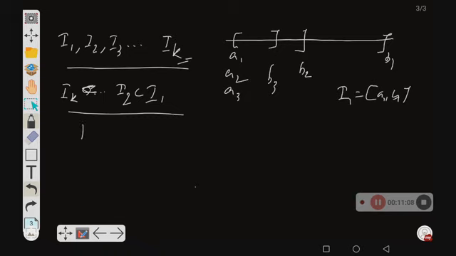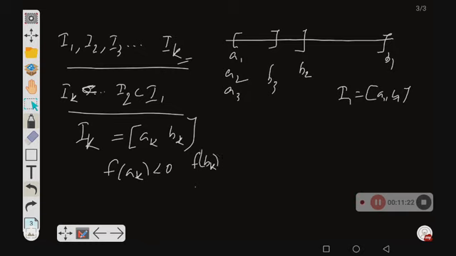Up to this Ik. After Ik we can also do this bisection, with Ik equal to ak bk, with f of ak less than 0 and f of bk greater than 0. So we take pk as the midpoint of this kth interval, that is 1 by 2 times (ak plus bk).